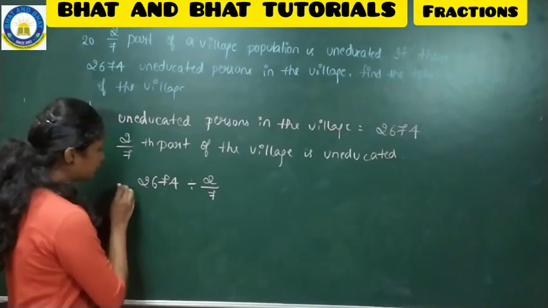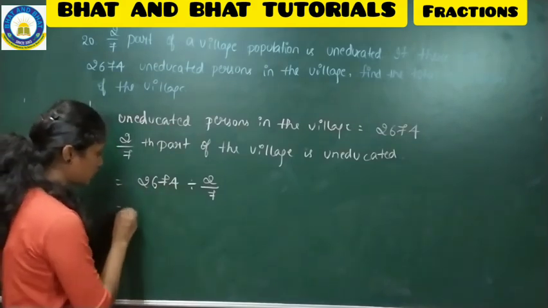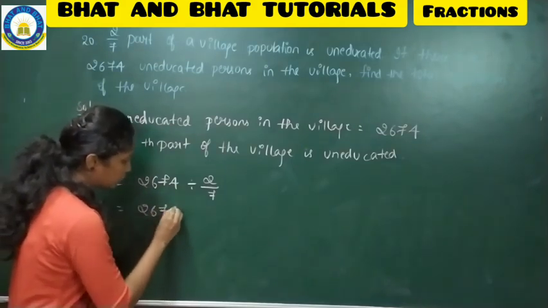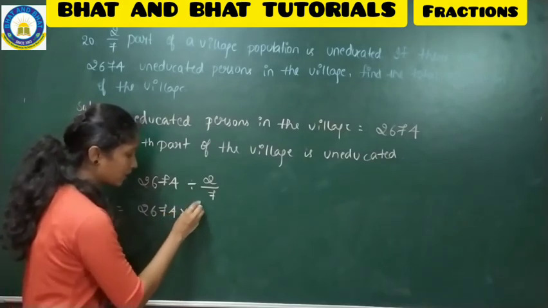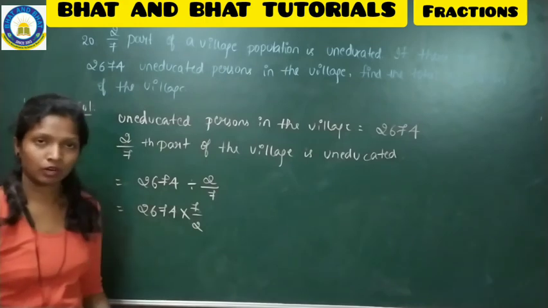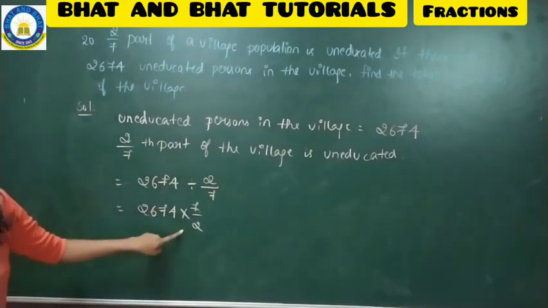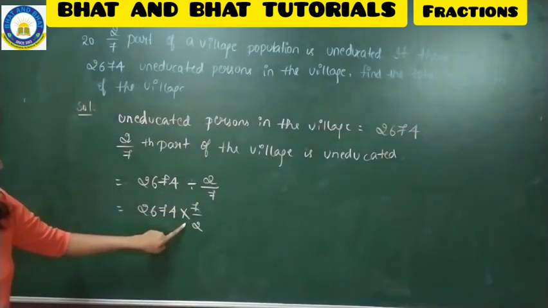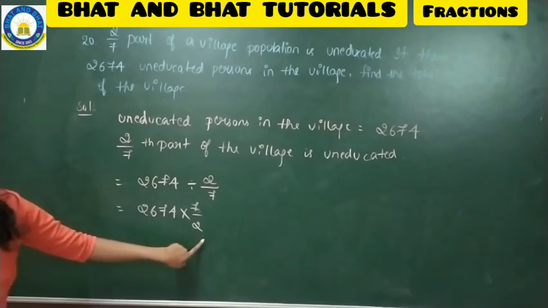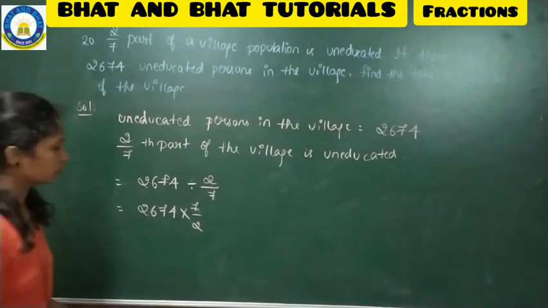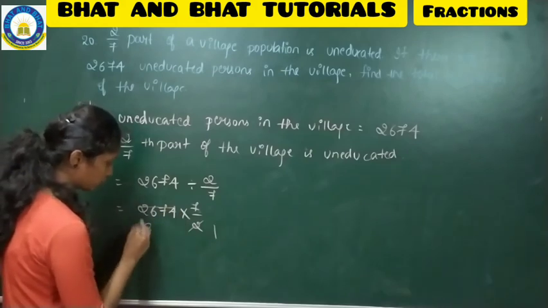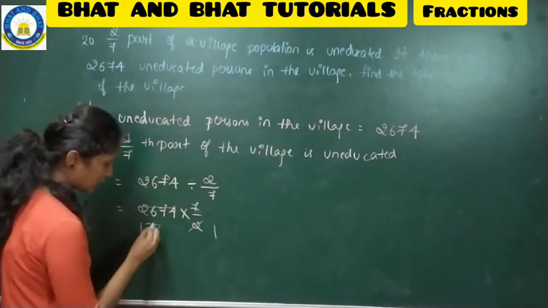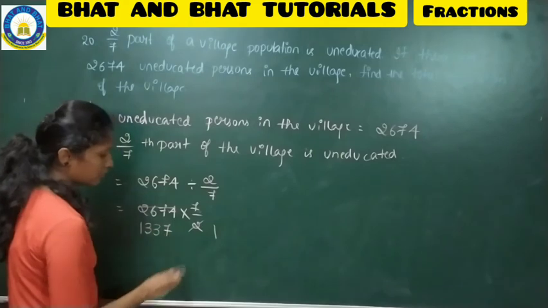So we will convert the division into multiplication now. When I convert that, 2674 into 7/2 it will be. When I convert the sign from division to multiplication, 2/7 will become 7/2. So when you get this, 2 ones are 2, 2 threes are 6, 2 threes are 6, again 2 sevens are 14.